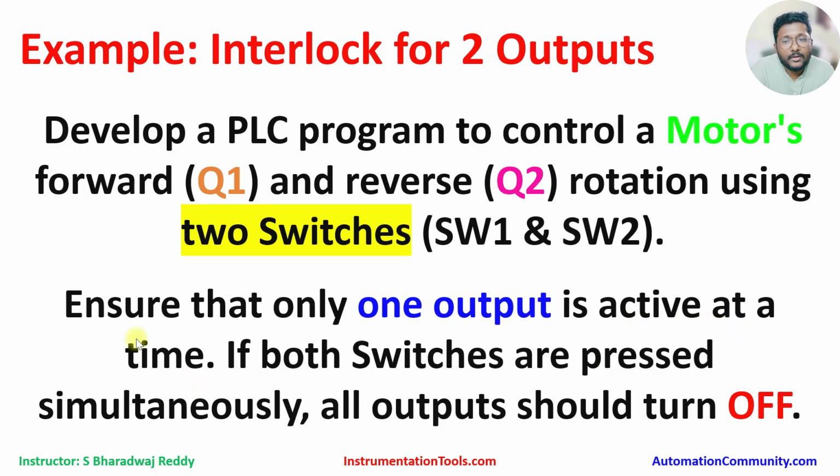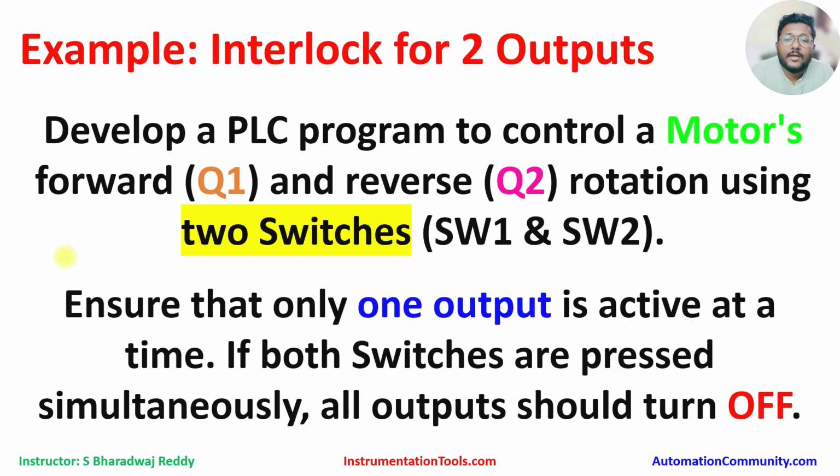The motor can rotate either forward or reverse, but definitely not in both directions at a time. If you give such a command, the motor will be damaged. So we have to prevent this type of damage using interlocks.